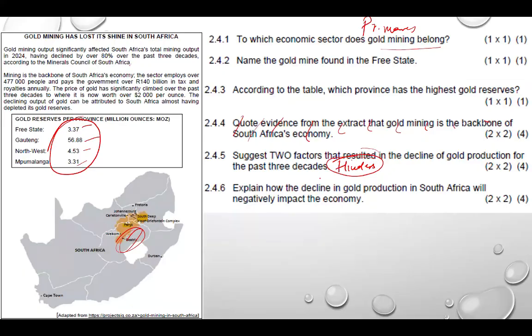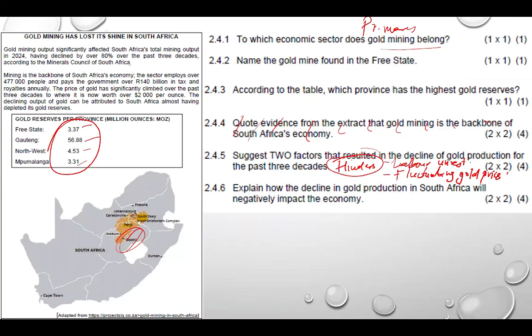So what will be the factors that hinder gold mining? Number one, it will be labor unrest. Number two, the factors that could contribute to the decline in gold mining will be fluctuating gold prices.